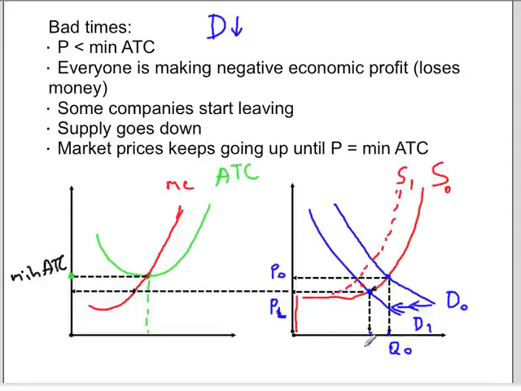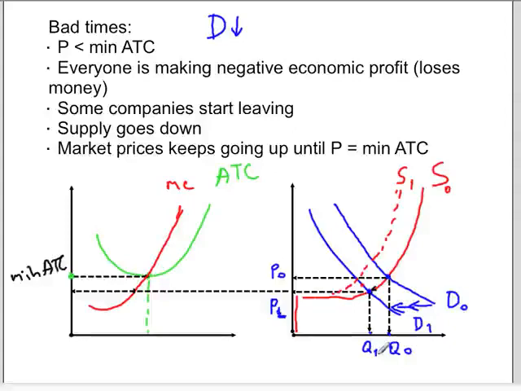Very important to notice here that equilibrium quantity goes down from Q0 to Q1. What happens? It happens because every company is producing less now.